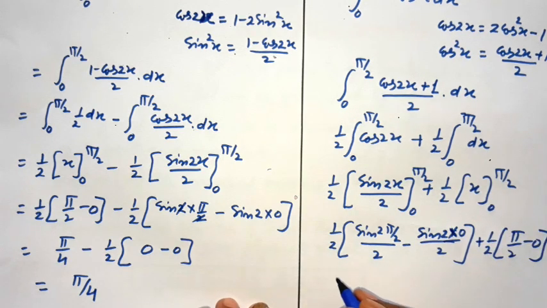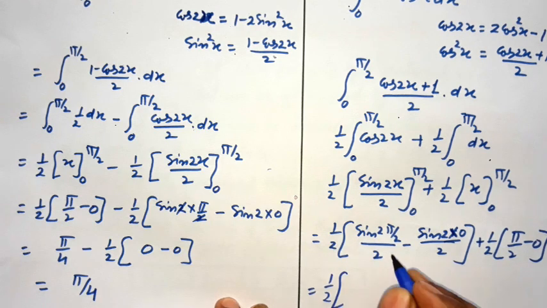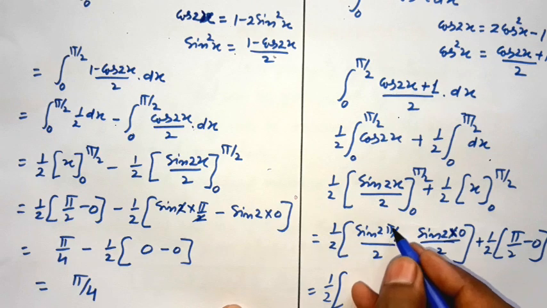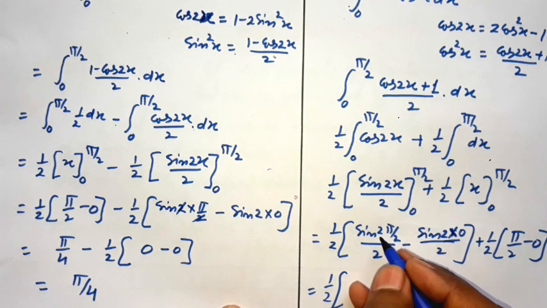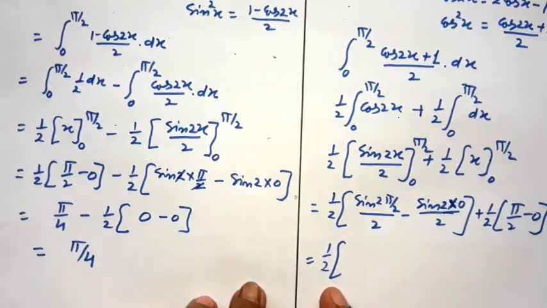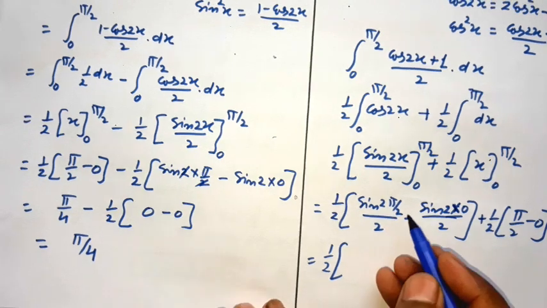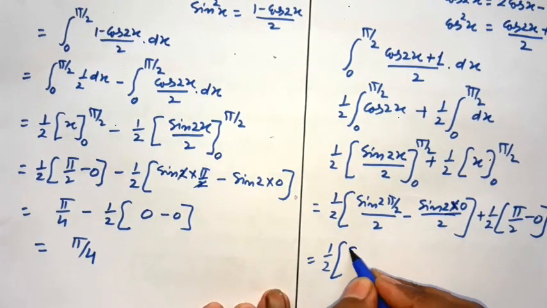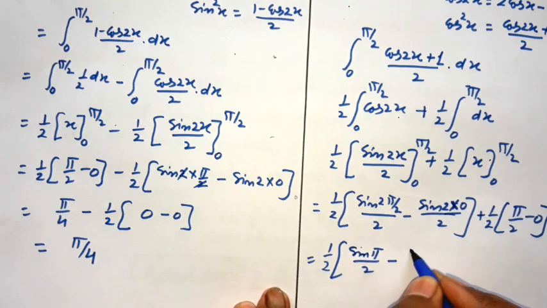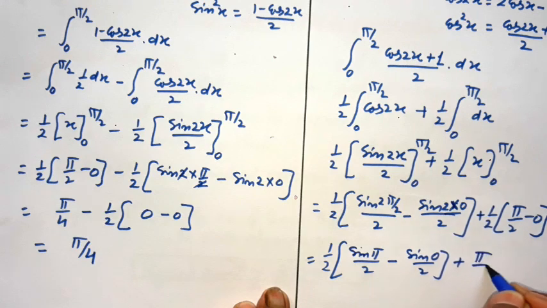We will apply the limit, then this will be 1 by 2 and sin 2 pi by 2, so this is sin pi by 2 minus sin 0 by 2 plus pi by 4.